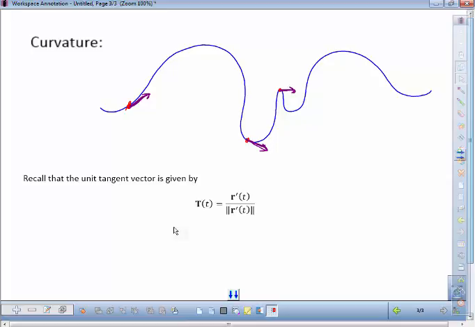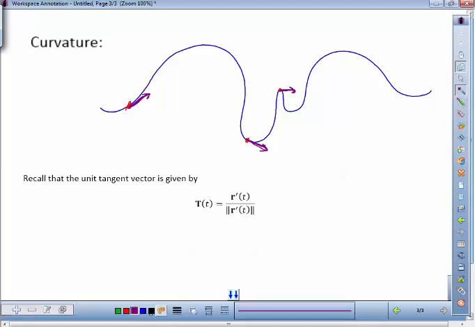Now, what we could do is, over some short amount of time, imagine moving to another point and finding the unit tangent vector there.